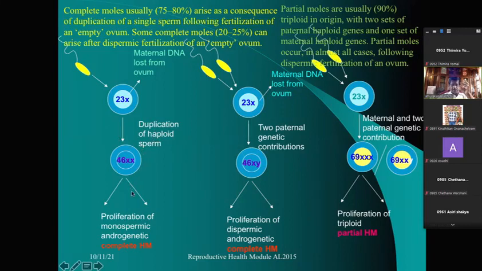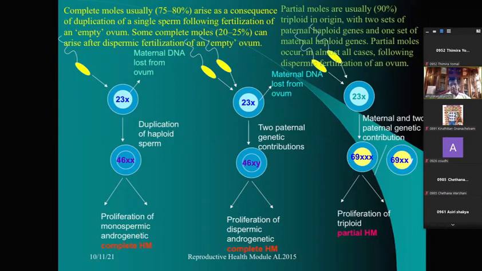So this particular zygote will have 46XX all from the male, and it leads to complete proliferation of the placenta tissue only without a fetus. So it's a monospermic situation. Otherwise, you can have all chromosomes from the man.